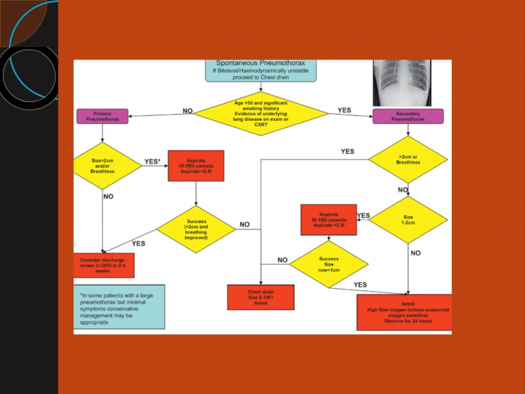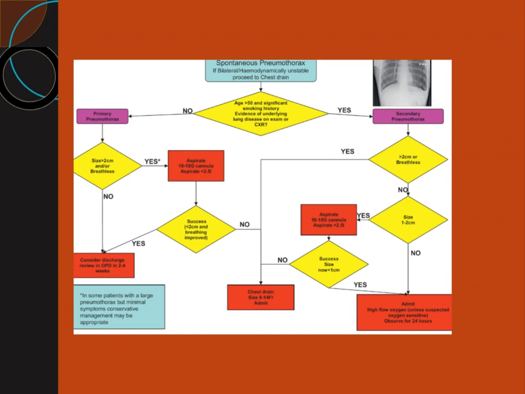Considering a borderline patient, in their 30s or 40s, you're suspecting it could be primary spontaneous, or is it secondary spontaneous pneumothorax because of an underlying lung condition? So always think of these questions in the yellow diamond box just below spontaneous pneumothorax.